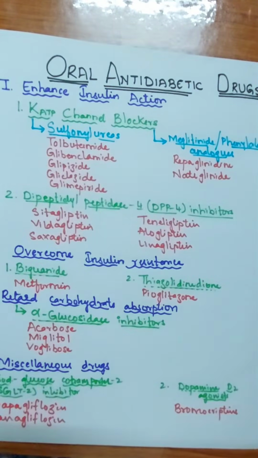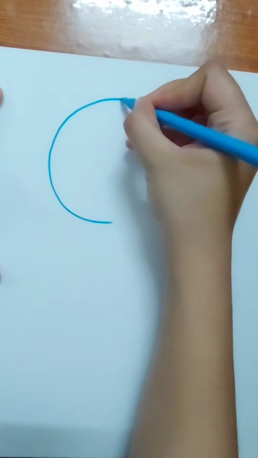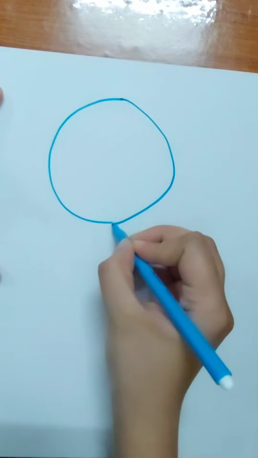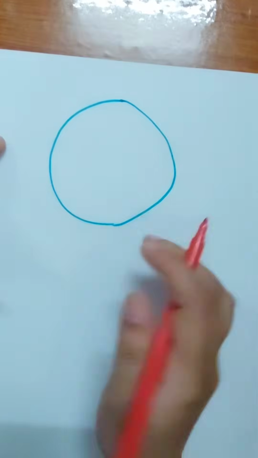So for knowing about the potassium channel, or rather more specifically the ATP sensitive potassium channel, we shall check out the structure of the beta cell of the pancreatic islets of Langerhans. So suppose this is a beta cell, and I have drawn it previously also, and again I am drawing.